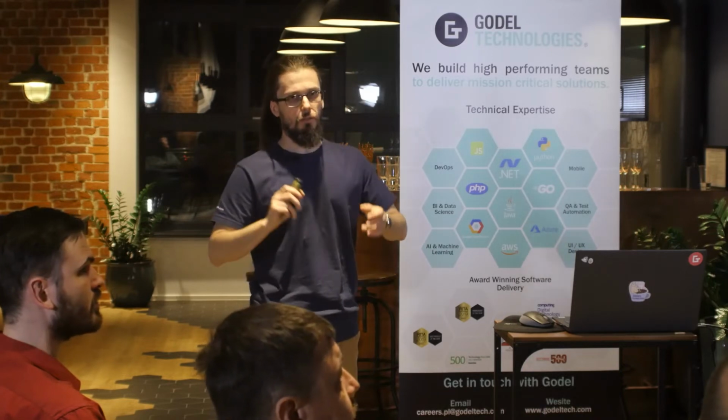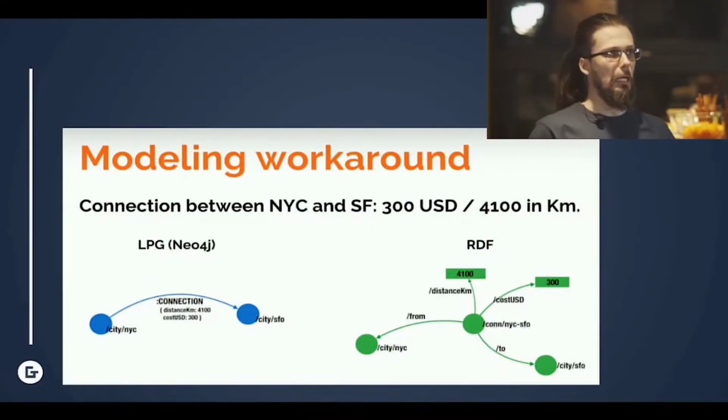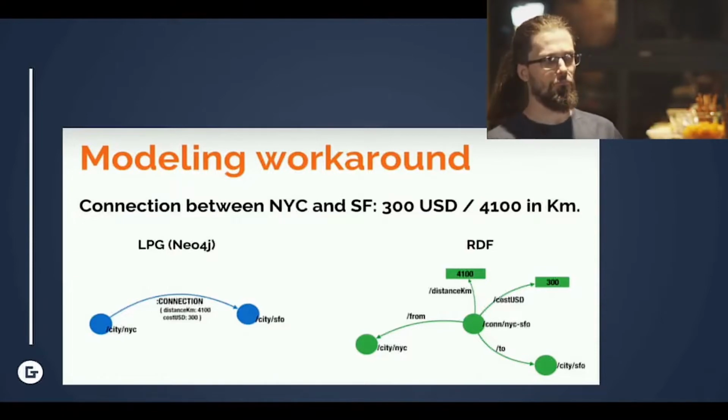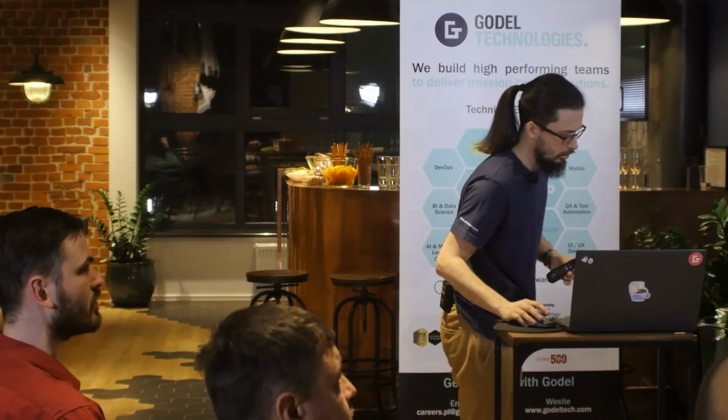But as I said before, we have got a few different types of graph databases. I would like to focus on two of them. This picture is taken from the official Neo4j webpage. We have got here a statement: connection between New York City and San Francisco. Fair enough.